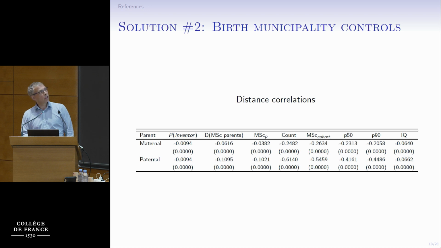All negative correlations. And notice that these correlations here are way stronger than the correlation with offspring IQ. So we hope they're doing a decent job in cleaning out unnecessary correlation between our instrument and the error term.